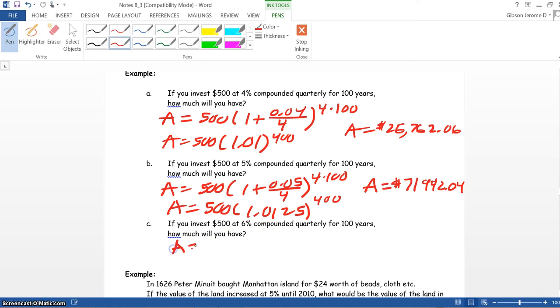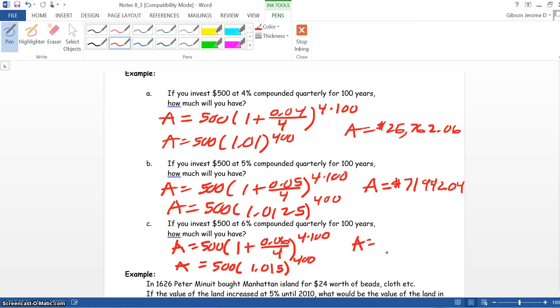So we will put A is equal to 500 times the parenthesis 1 plus 0.06 divided by 4, and that will be taken to 4 times 100. So now we have A is equal to 500, and when you add up the parentheses, it'll give you 1.015, and that will be to the 400th power.